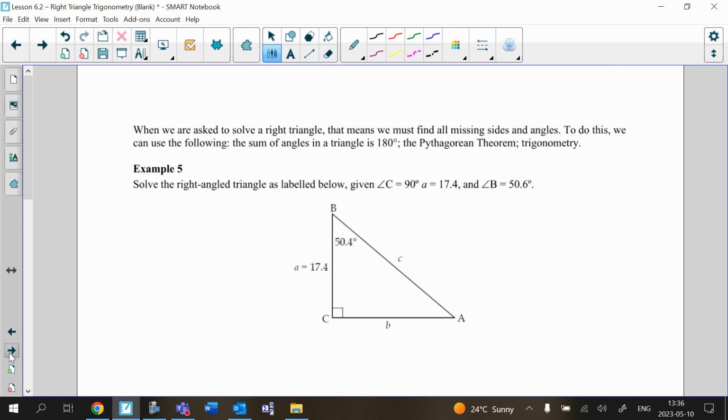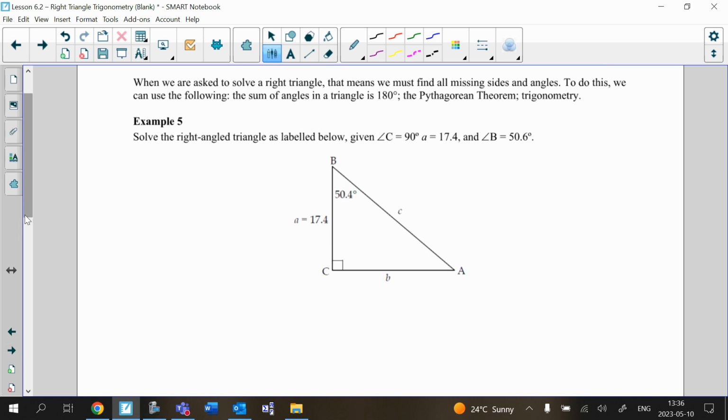We're not going to do examples 5 and 6, because they're basically the same, so I'm just going to do one of them. Here I have given you a right triangle. I've told you one of the acute angles, and I've told you one of the sides.